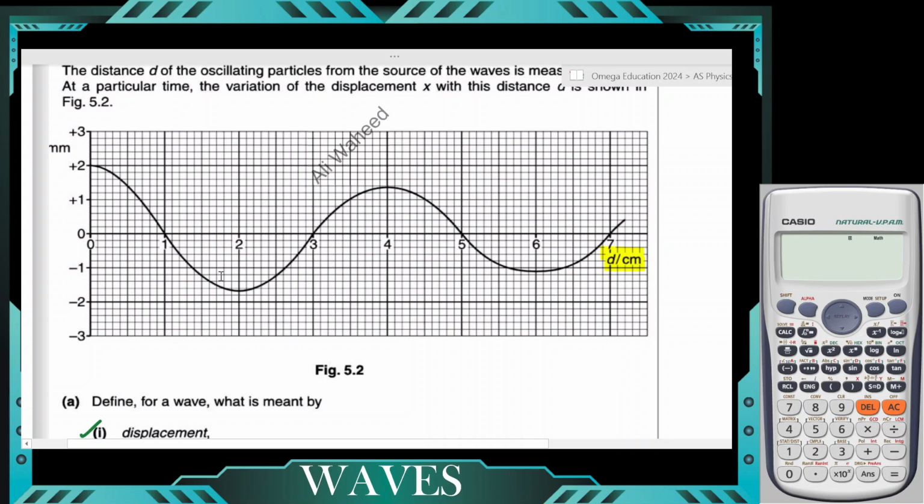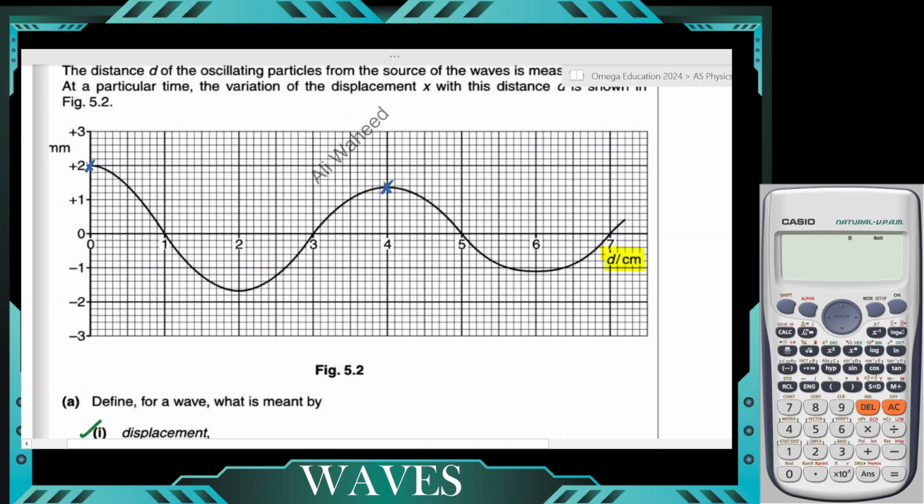So from crest to crest, or from trough to trough, or the distance between any two consecutive in-phase points, totally your choice. For example, if I start off with the crest, then the next crest would be over here. Forget about the amplitude. The amplitude of this wave decreases as the distance increases.